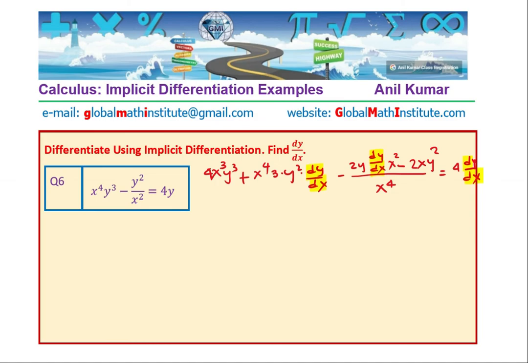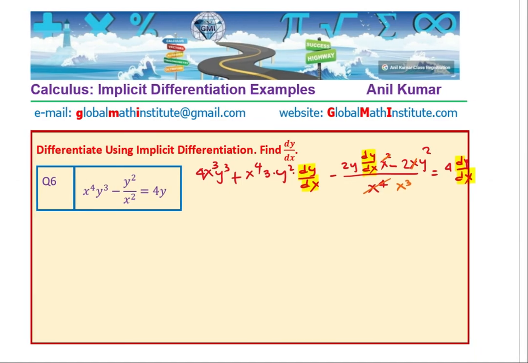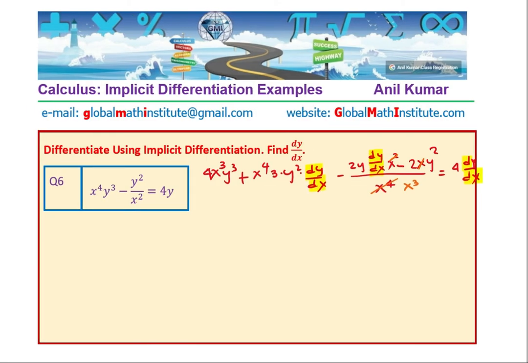Anyway, let's multiply everything by x cubed because one of those x will get cancelled. Is that clear to you? So if I cancel, I get x cubed here, and this becomes x and that becomes y squared, correct? So let's multiply by x cubed, all these terms, and then see what we get.